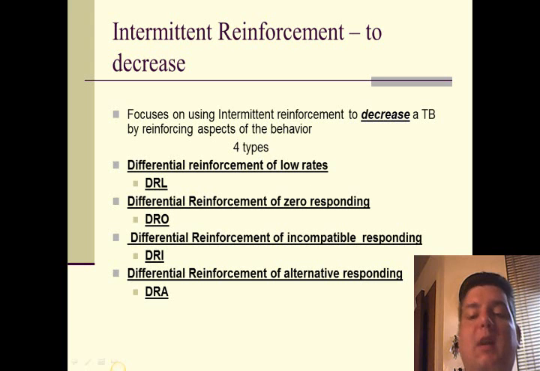Okay, so focusing on using intermittent reinforcement to decrease the target behavior by reinforcing aspects of a behavior, there are 4 types.